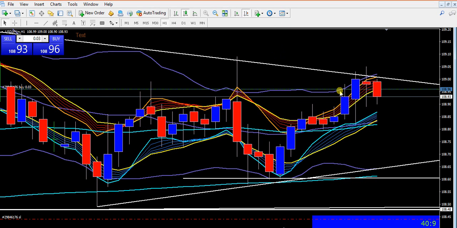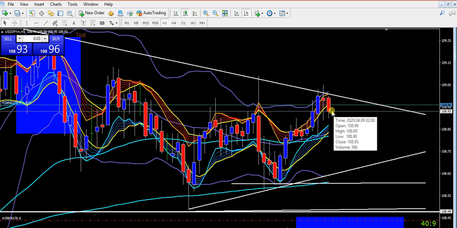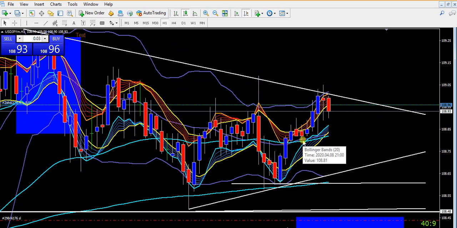In the lower time frame, this is the same as the higher time frame. This is the MA 50, and this is the MA 200. This is the best place to place your buying position.